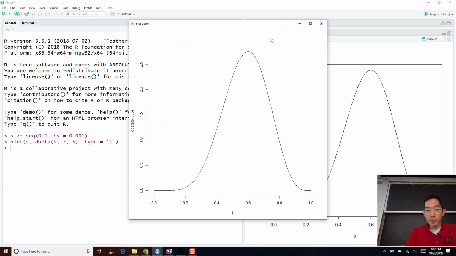Boom, there you go. And what we see is that the maximum value is at 0.6, which makes sense. We saw 6 red out of 10, so this is the most probable value of P based on our data.